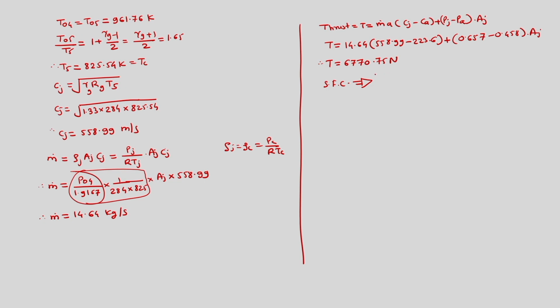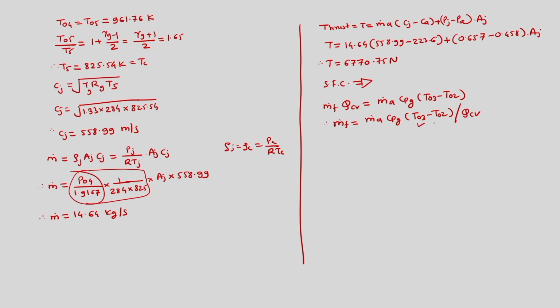We also need to calculate specific fuel consumption. Before that, we have to find the mass flow rate of fuel. For that we can apply the energy equation. For the burner, we have m dot F into QCV equal to m dot A Cp gas into (T naught 3 minus T naught 2). So m dot F equals m dot A into Cp gas (T naught 3 minus T naught 2) divided by the calorific value.